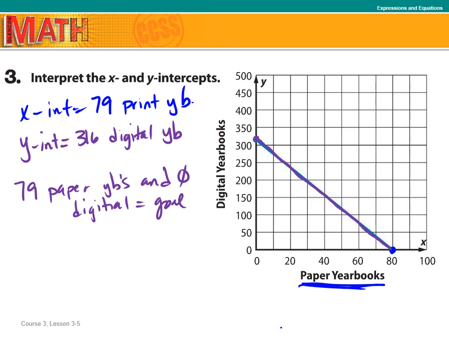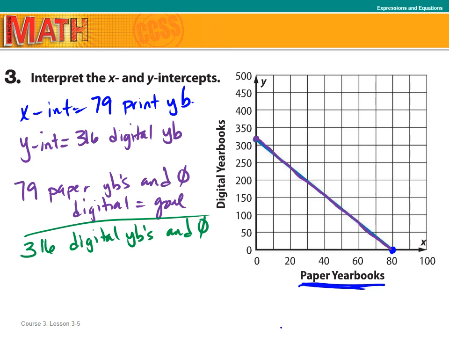What the y-intercept means is that they can sell 316 digital yearbooks and 0 paper, and they would still meet their goal. And any combination of those would give you the goal: anything above 79 paper yearbooks, and anything over 316 digital yearbooks, would also give them their goal.